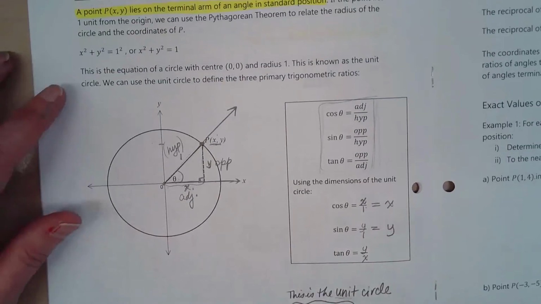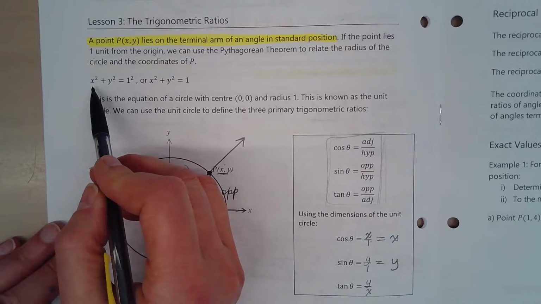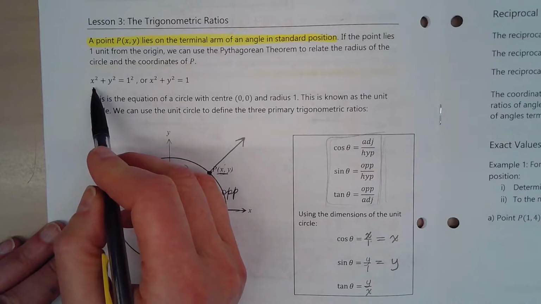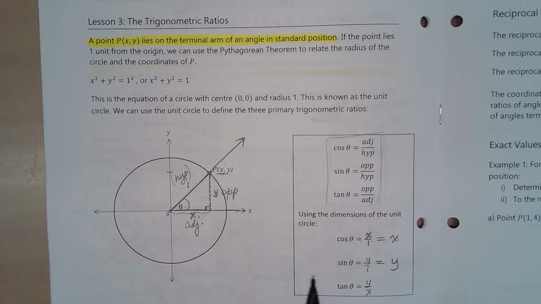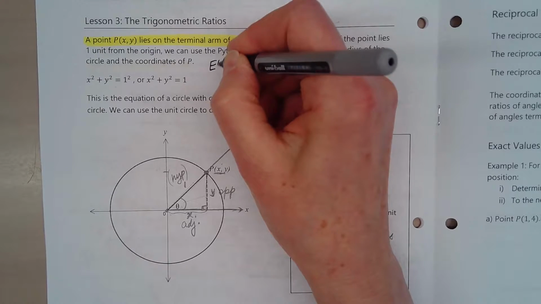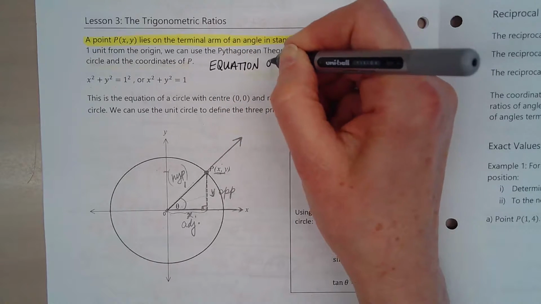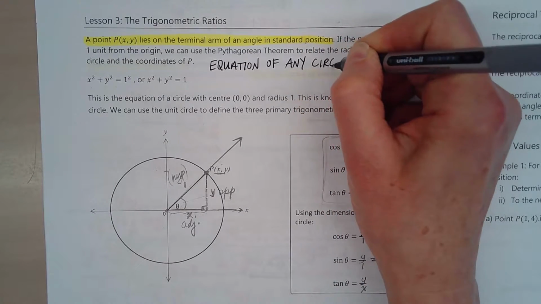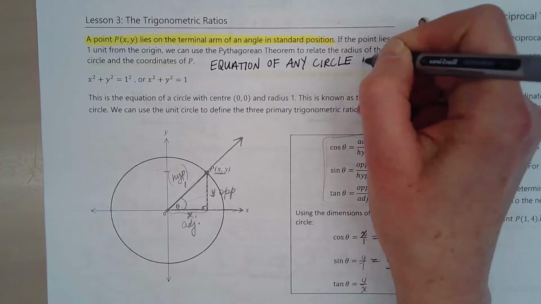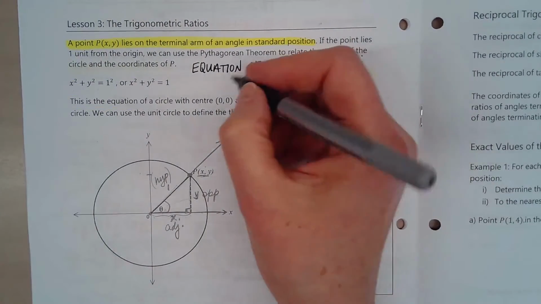So the coordinates of P, this is the really interesting thing. If I go back up here for a sec, this is your equation of the unit circle. The equation of a circle with the center at the origin is x squared plus y squared equals 1. Maybe I'll give you the equation of any circle. We don't study circles just as a shape in grade 12, but I think you should know this.